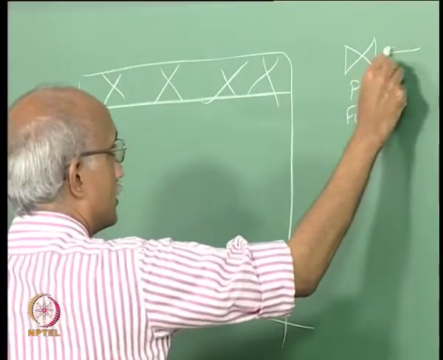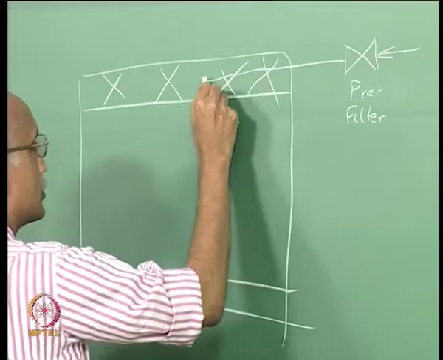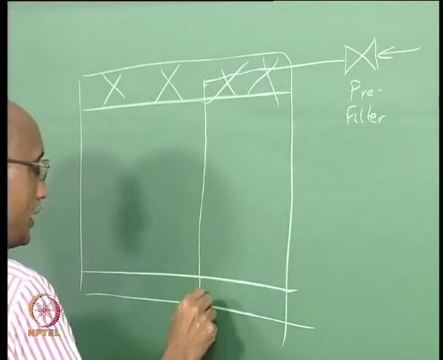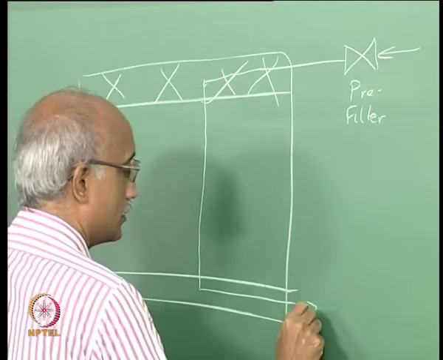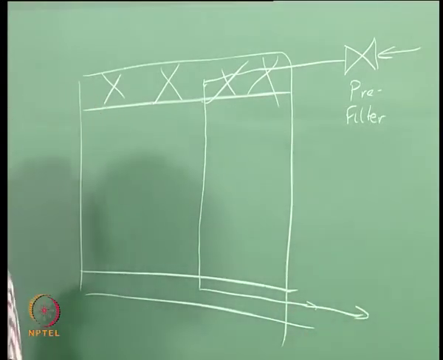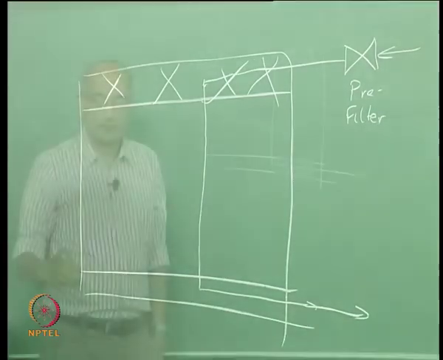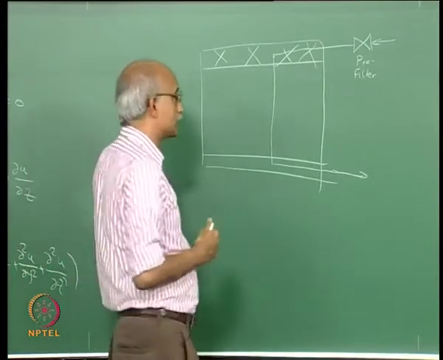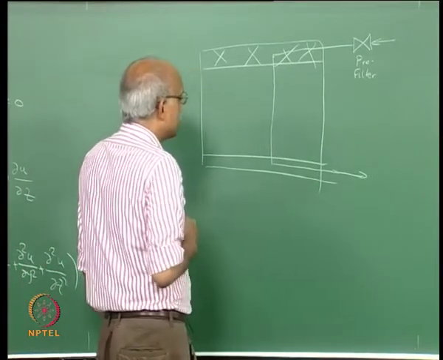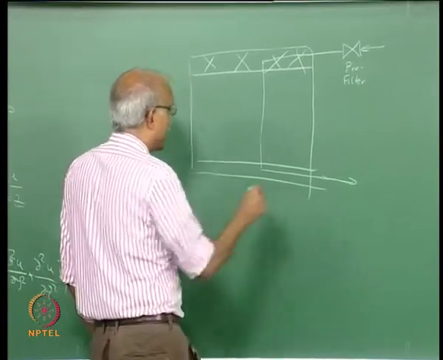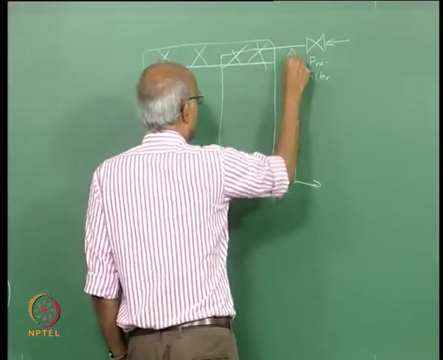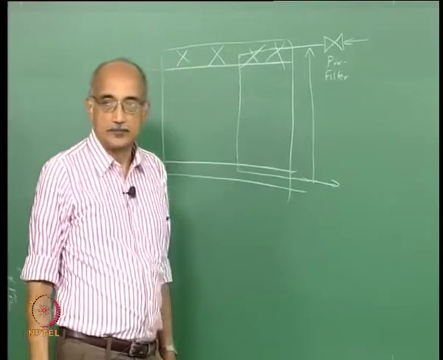So the flow comes in like this, goes to the filter bed, enters the clean room, and gets exhausted outside. This is basically the flow path that the airstream will follow. So all entrained particles will also follow the same pattern. Now let's say that some part of this is being recycled and going over there.